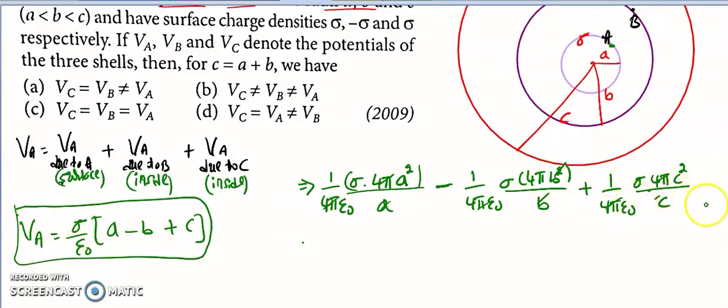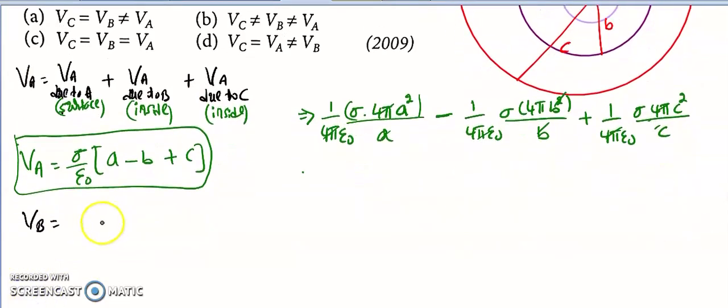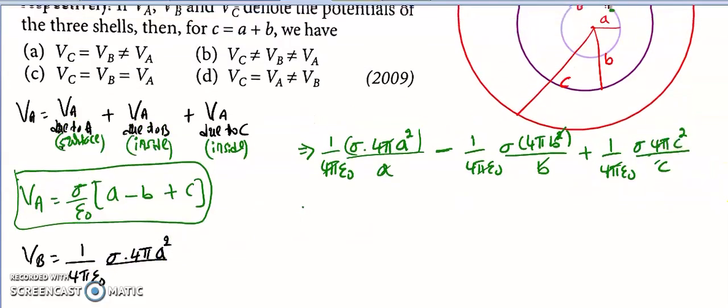Similarly, potential at B. Potential at B is equal to potential due to A, with the formula 1 by 4 pi epsilon naught sigma 4 pi A square, divided by the distance.